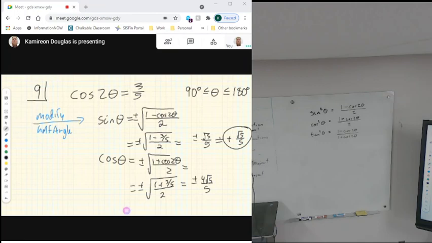That's not right. Plus or minus 2 square root 5 over 5. There it is. Yes, you're in the second quadrant. Second quadrant should be negative.